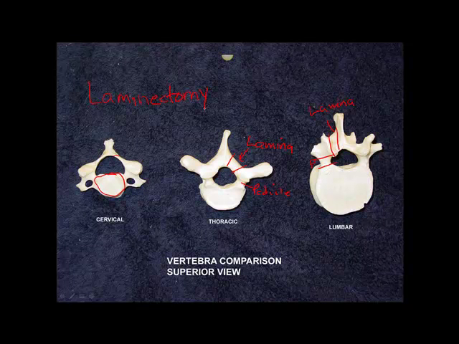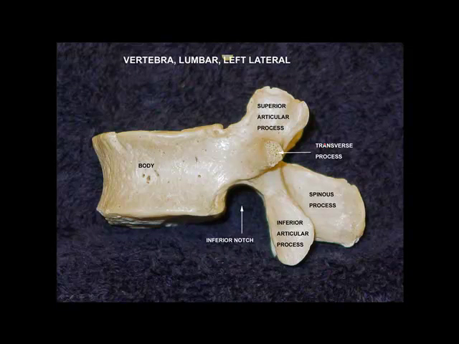Laminectomy. Sometimes when you have back pain and you have a ruptured disc, they'll do a laminectomy to let the pressure off of the exiting nerve. This is not a good picture to show it, but they'll just cut this area of the vertebrae out and decompress the nerve. So here's a lateral view of a lumbar vertebrae.